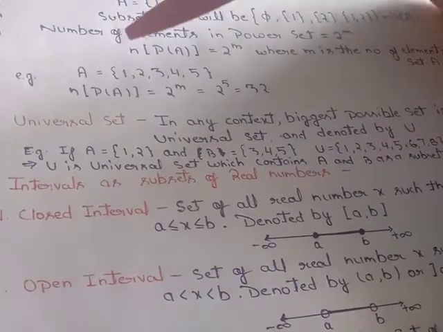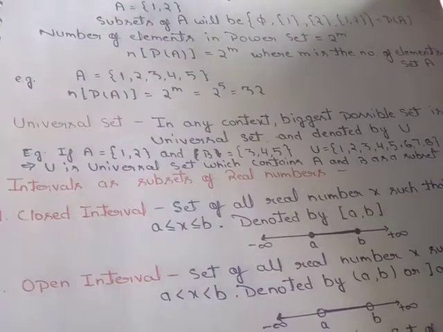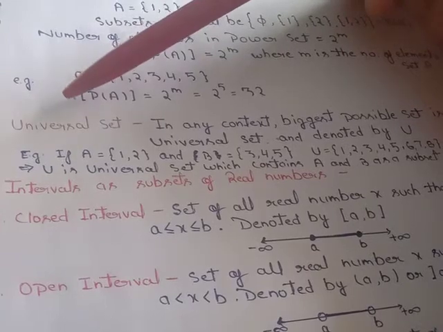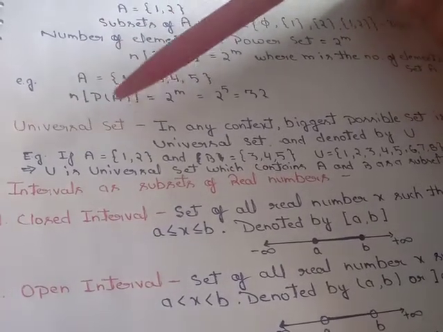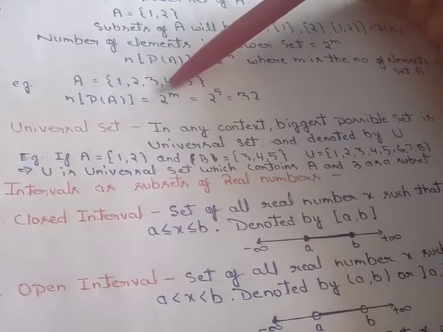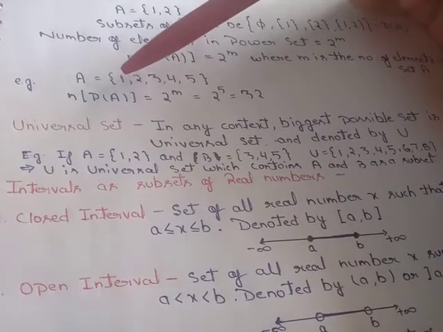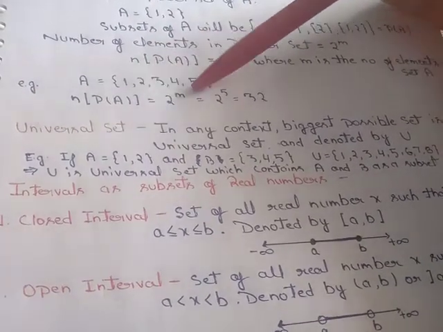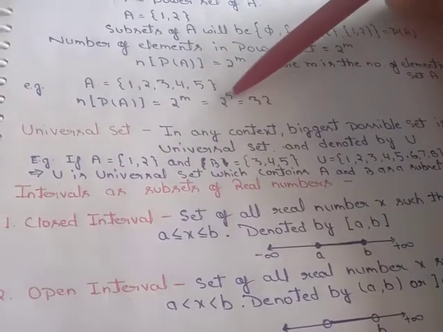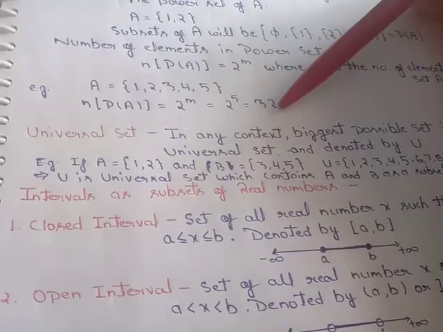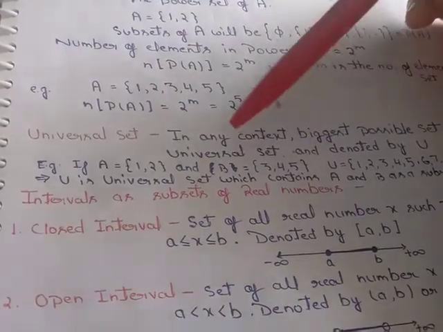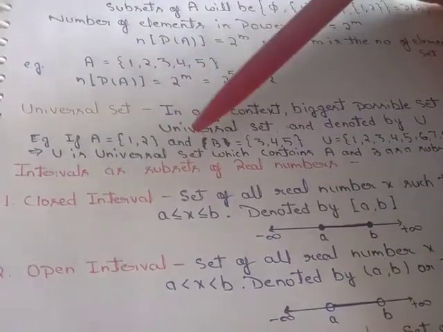The number of elements in the power set, denoted by n(P(A)), is equal to 2 to the power m, where m is the number of elements in set A. So there are 5 elements in set A, and 2 to the power 5 is equal to 32. It means the number of elements in the power set is 32.